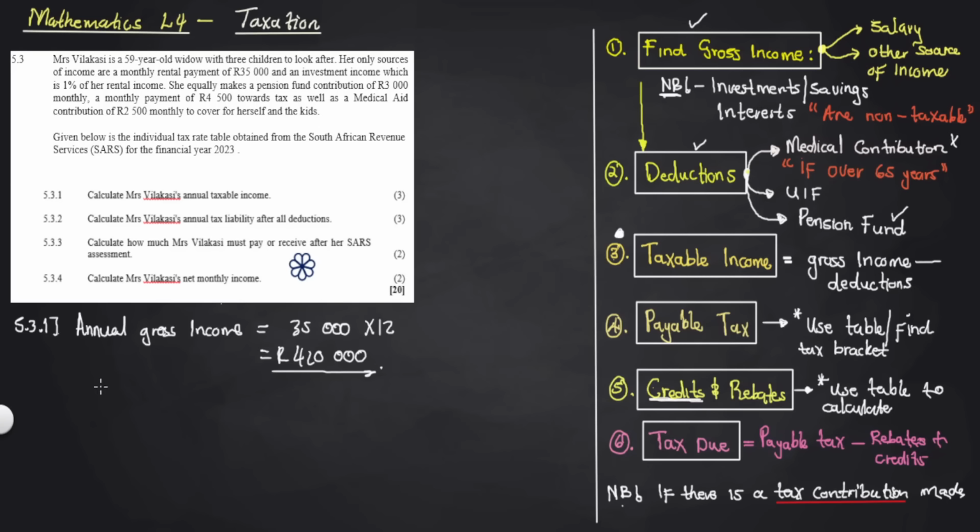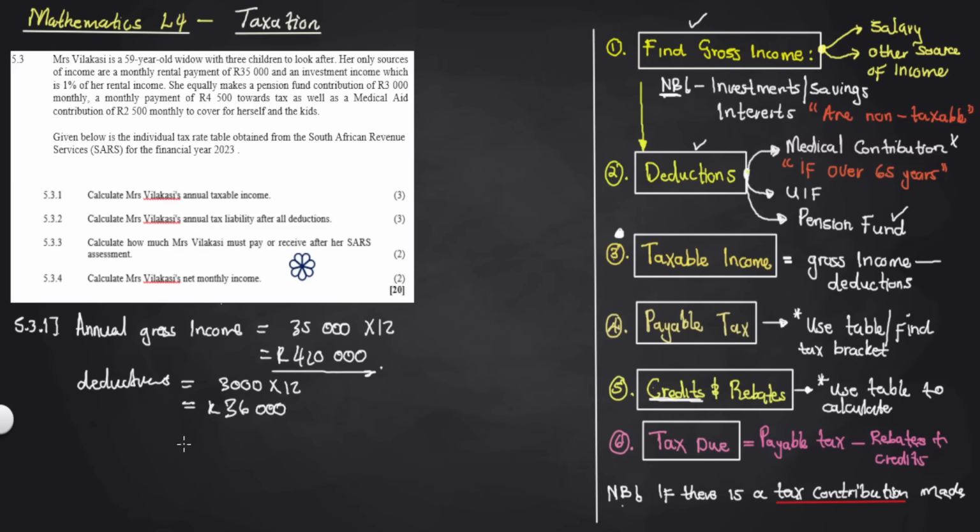Alright, then we continue. Her deductions are going to be equal to 3,000 times 12, 36,000. Our annual deductions now.